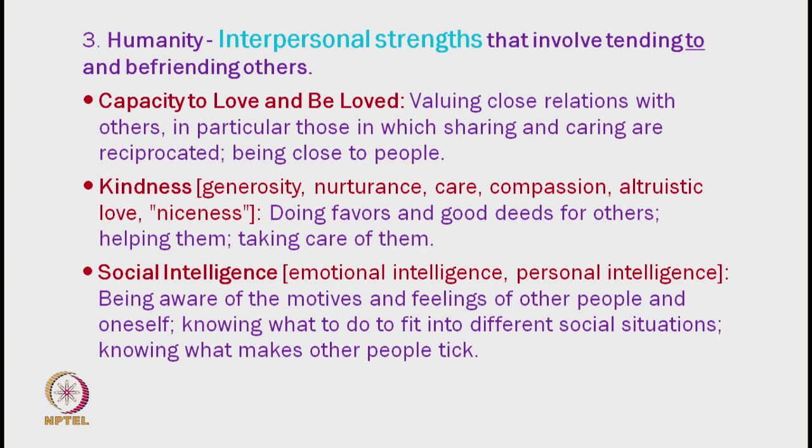So, in this case actually street smartness, we can say practical intelligence, when you know how you could deal with others, even how you should deal with yourself. So, that is your social intelligence, which is a combination of emotional intelligence and personal intelligence, and it is more related to interpersonal strengths. So, how you deal with others, that is the main motto here for humanity, and in this, interpersonal strengths are topmost important.